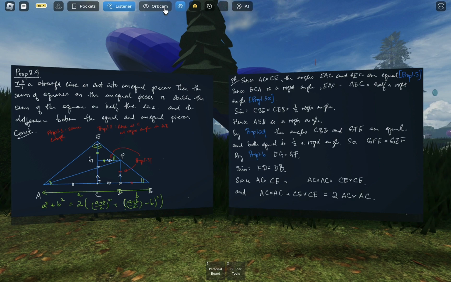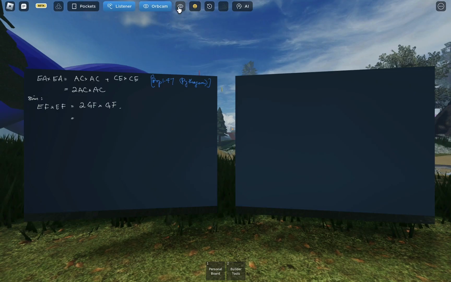Sorry, what I meant to say is GF is equal to CD. I gave the argument before I wrote the statement. So this is since GF is equal to CD by proposition 1.34, which says that opposite sides of a parallelogram are equal.